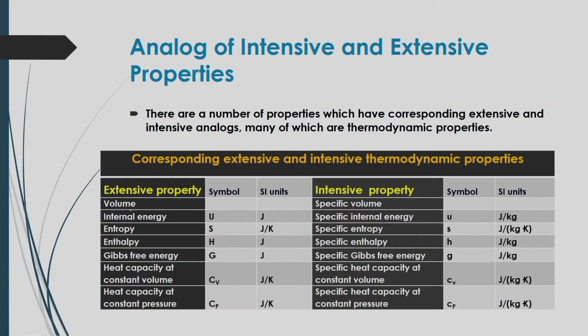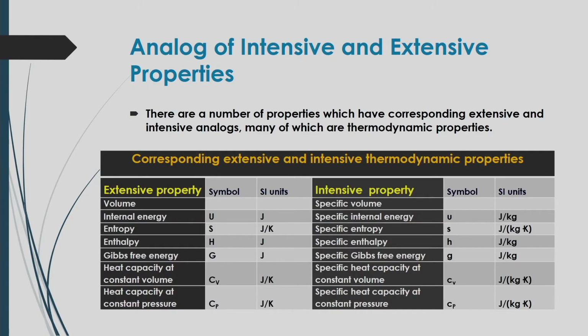So, it is interesting that volume is an extensive property, whereas specific volume is an intensive property, because specific volume is defined as volume per unit mass. Internal energy is an extensive property, whereas specific internal energy is an intensive property. Now, whenever you are talking about specific, of course, you have to think about whether it should be divided by mass or by volume.